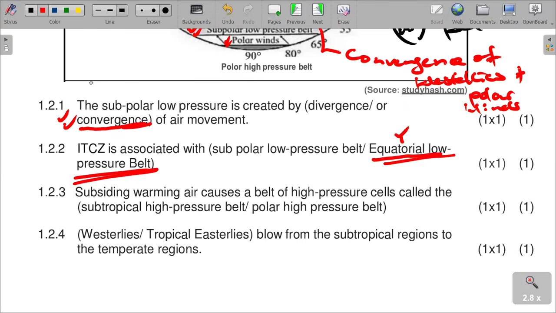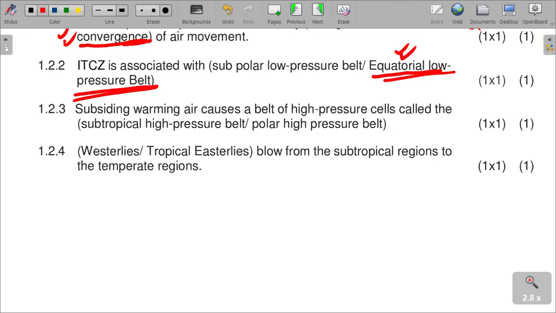That is the one associated with the Intertropical Convergence Zone, where there is convergence of air masses.